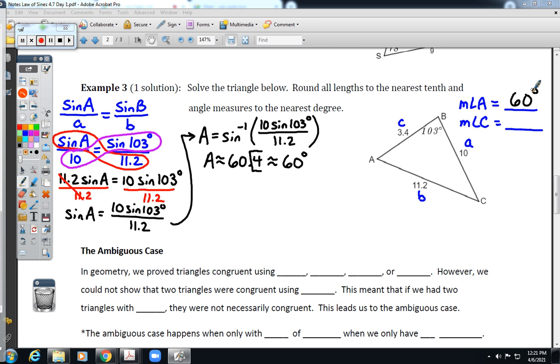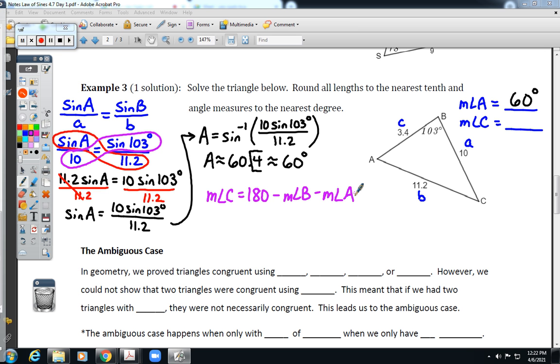Now, in this case, the only other thing we need to find is the other angle. Do we need to do the law of sines again to do that? Absolutely not. If we know two of the angles, the third one is easy to find. The third angle, in this case angle C, would be 180 minus B and A. You could do the law of sines again.